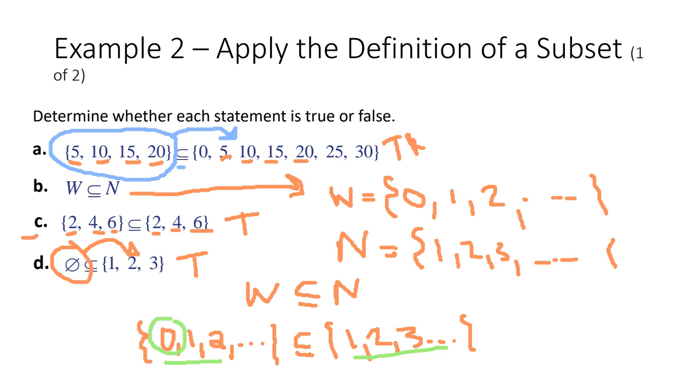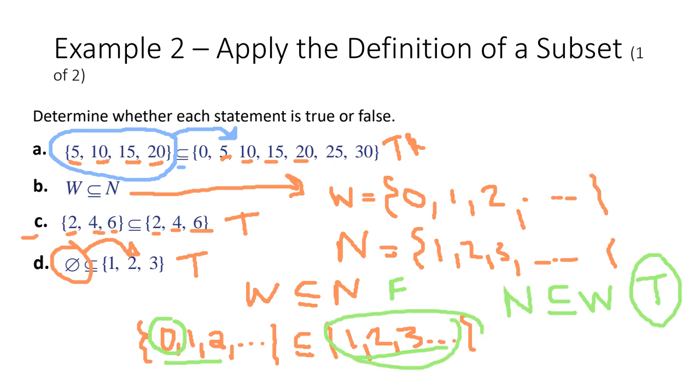So then this is going to make it false. But what if we had reversed it? If you reverse it, then it does become true, because all of the natural numbers are part of the whole numbers, okay?